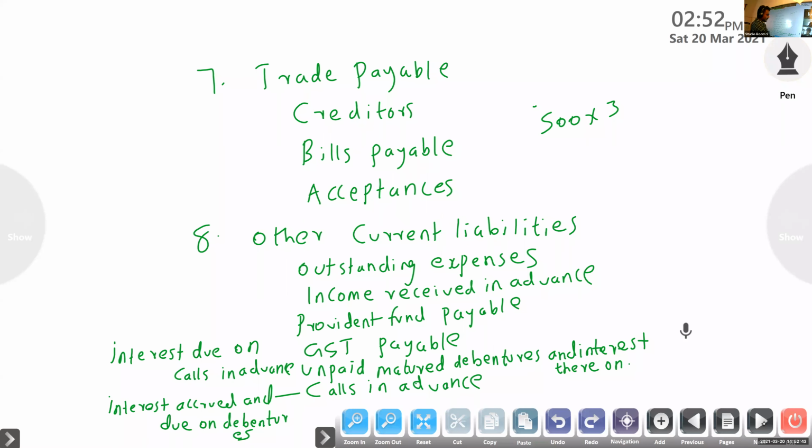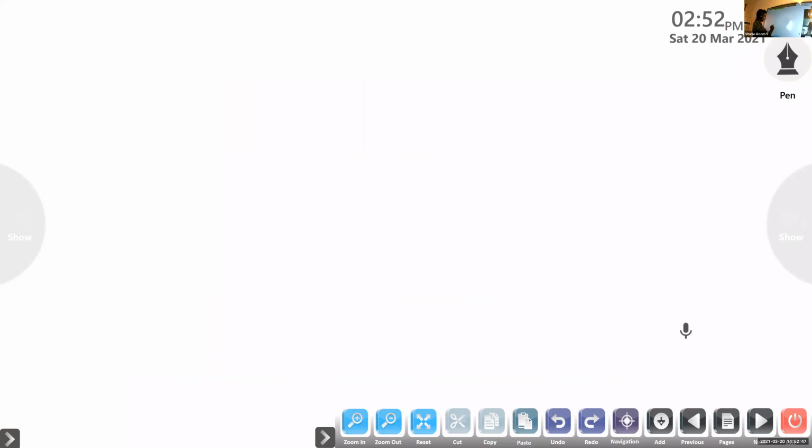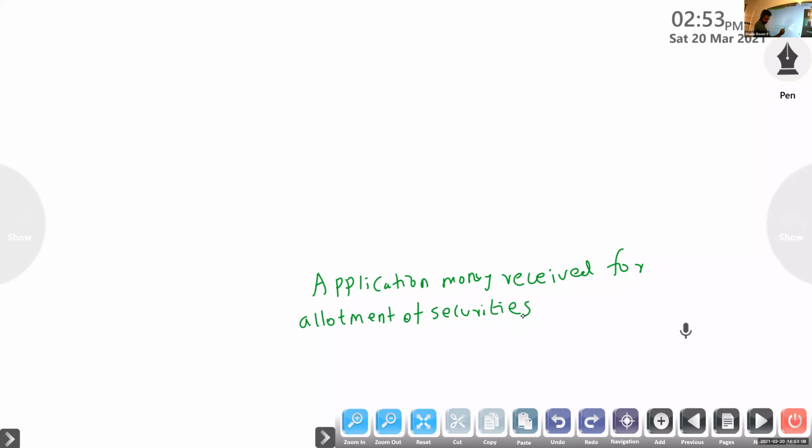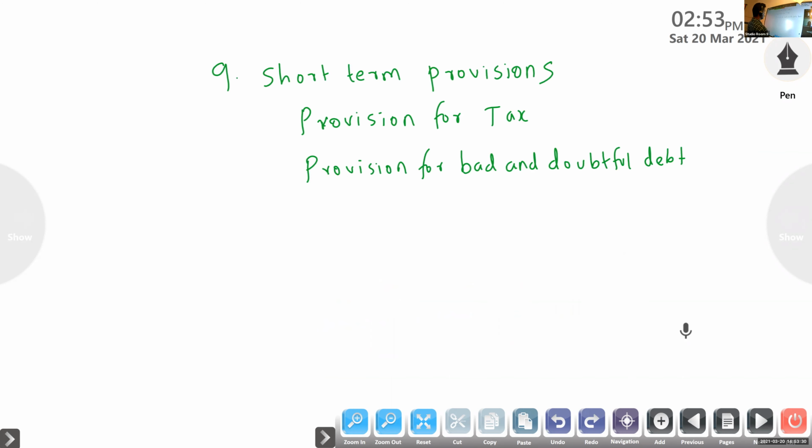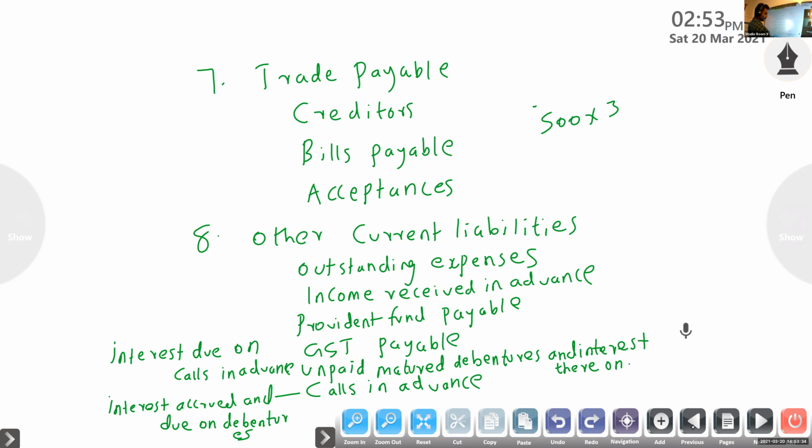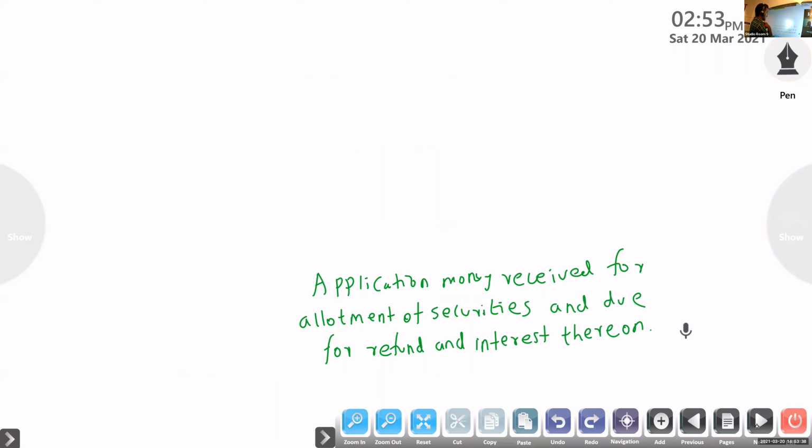Then one more item is there under other current liabilities: application money received, not share application money pending allotment, but application money received for allotment of securities and due for refund and interest thereon.